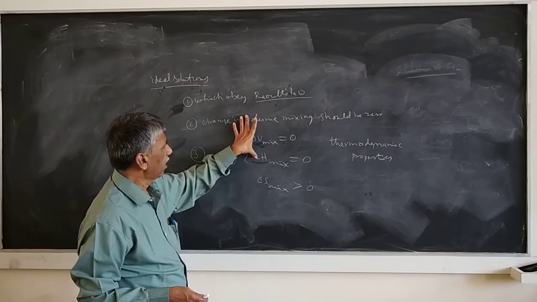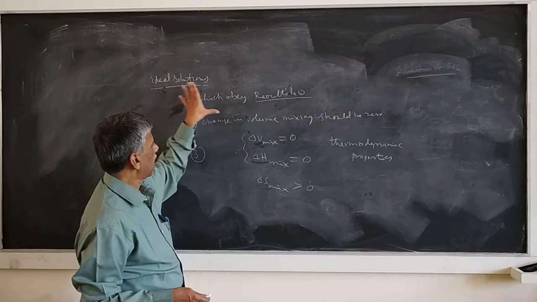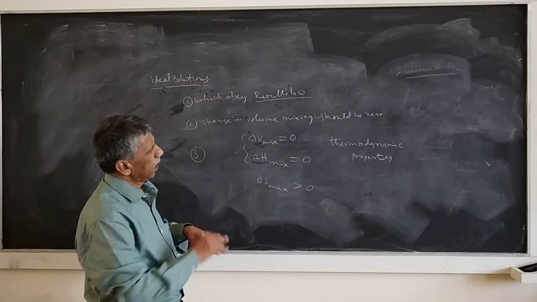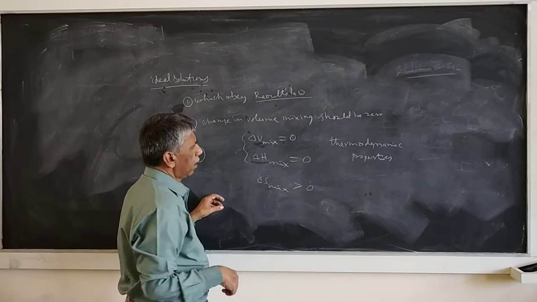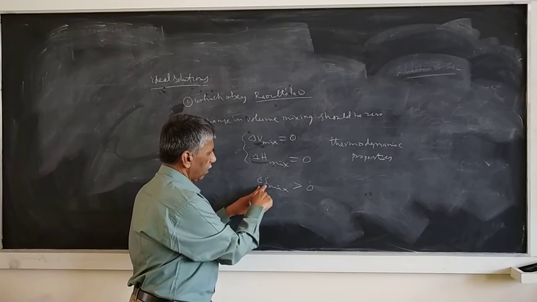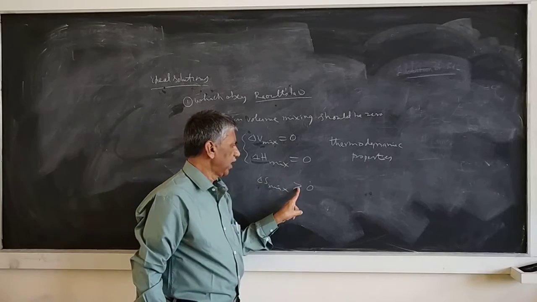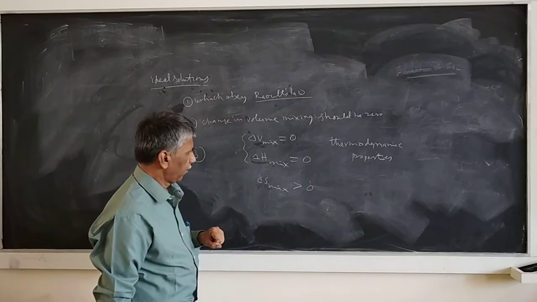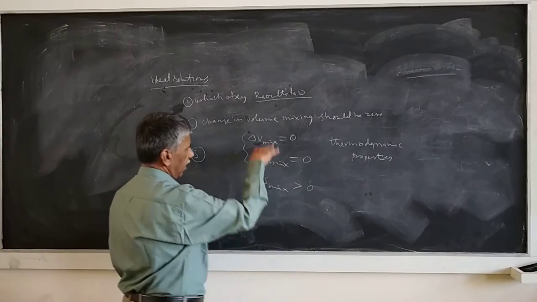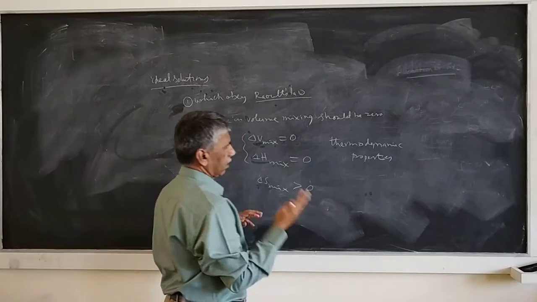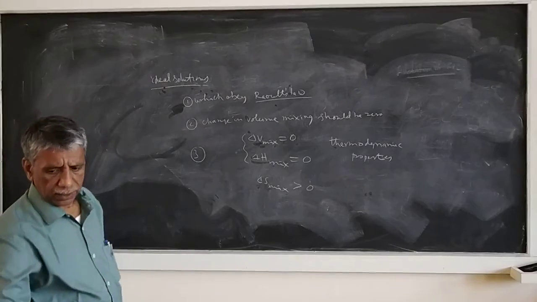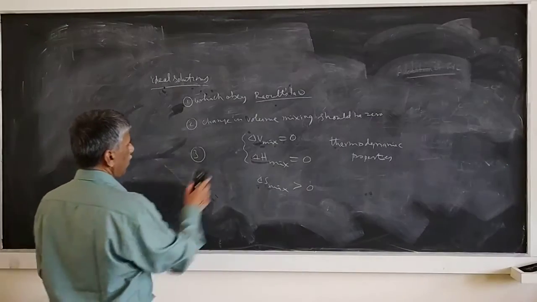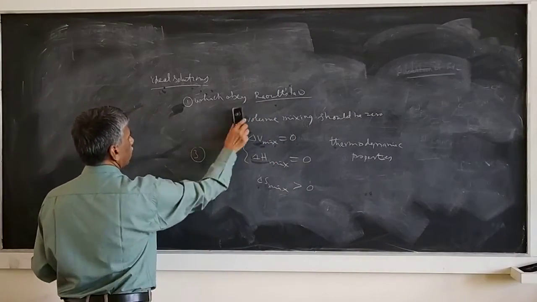These are the important conditions for an ideal solution. Okay. And if you consider another thermodynamic property, the entropy change after mixing is usually greater than 0. So these are the thermodynamic properties of solutions. Now I shall tell you what is Raoult's law.